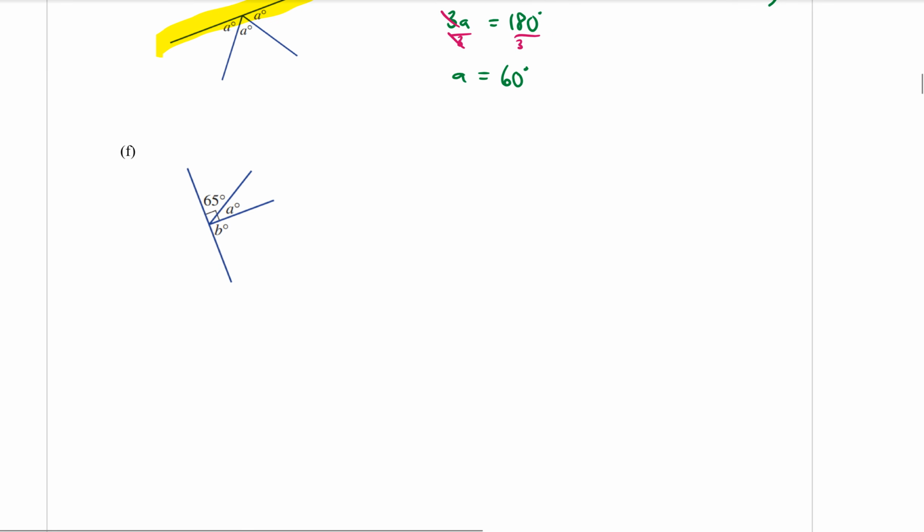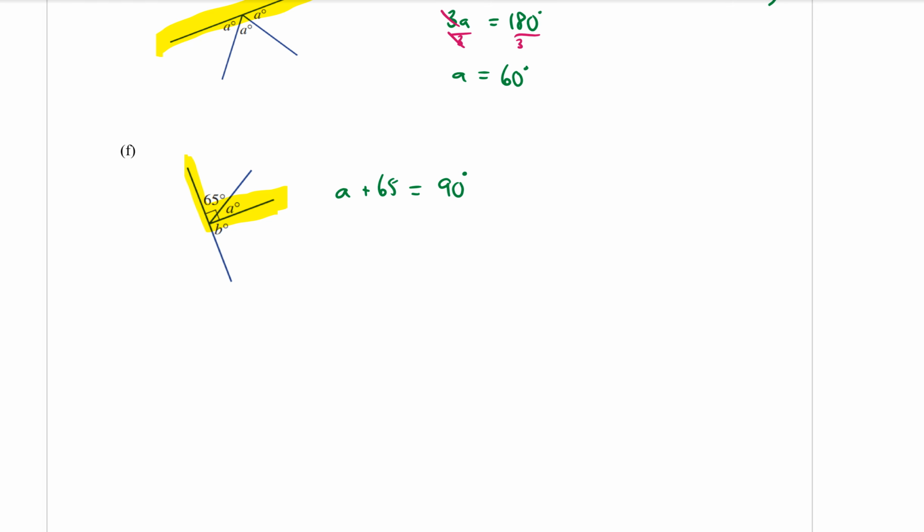In question F, we have got 2 letters to find. Now, normally if there is more than 1 letter, it is usually easiest to solve the letters in alphabetical order. So in this case, we're going to find the A first. Now, the A and that 65 is actually making a right angle. Okay, we just want to use the right angle part for now. So that means that A plus 65 is equal to 90.